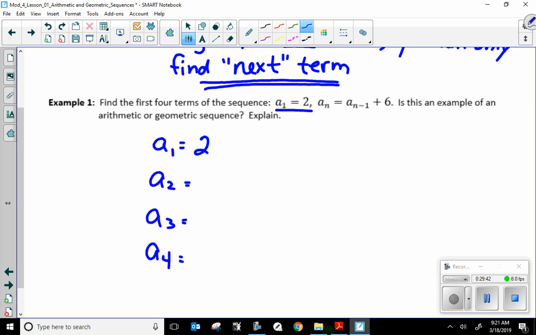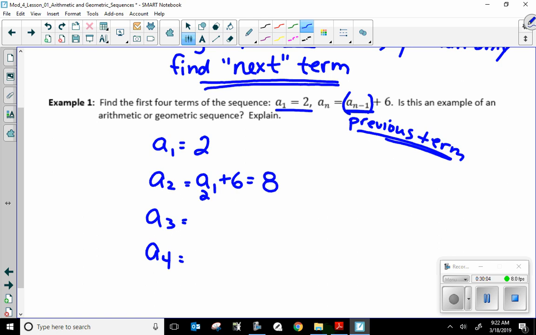They give me this a sub n minus 1, that means your previous term. So in order to find A2, I need to take my previous term A1 and add 6 to it. 2, that's what A1 is, plus 6 is 8. In order to find A3, I take my previous term, A2, which is 8, and add 6 to it. 8 plus 6 is 14.